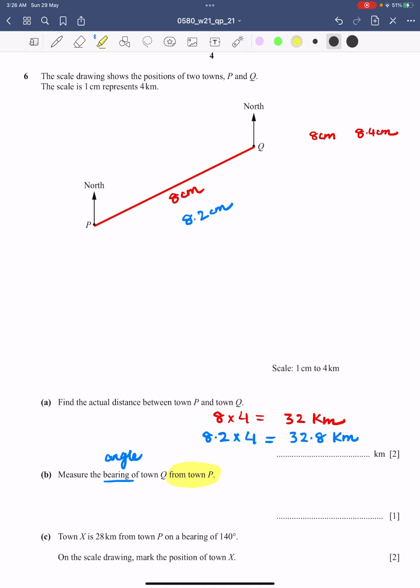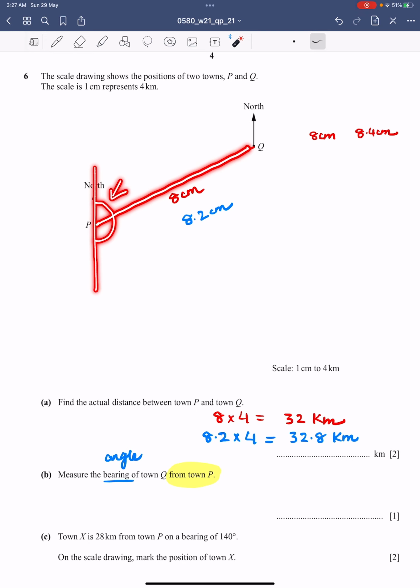So we have to start measuring from P up till Q. So I keep my protractor here at P and I need to find this angle which goes up till Q. Since this is 0 degrees, we keep the protractor in this position, and this is the angle that is our answer.